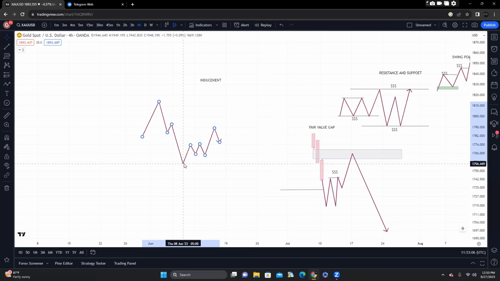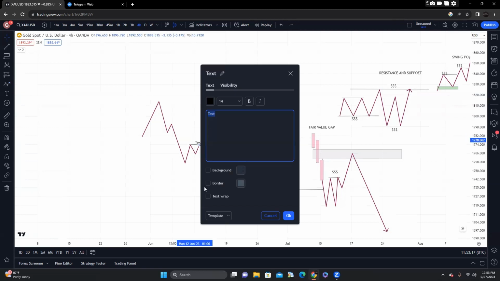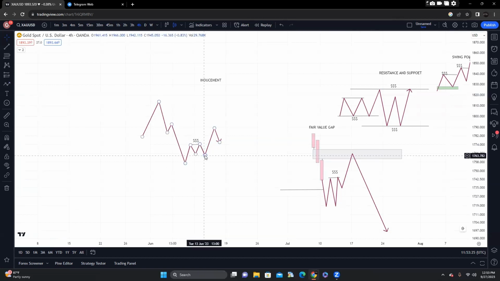It came all the way down here, built some kind of liquidity resting here, and then took out, swept liquidity from downside up here, and then we see something resting here.